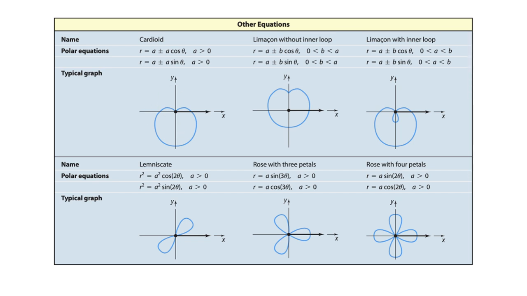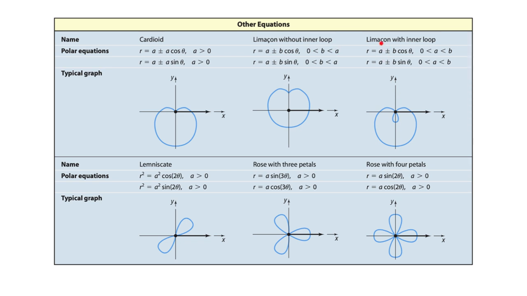The equation of the form a plus or minus b cosine theta, or a plus or minus b sine theta, represents the limacon. It is sitting on the x or the y-axis depending on whether it is cosine or sine. Notice that b is a number between 0 and a.